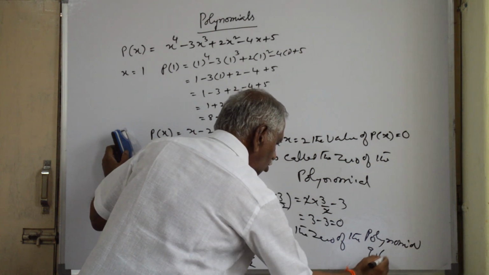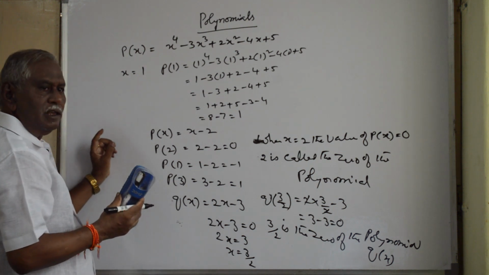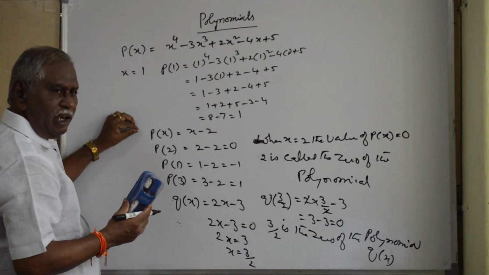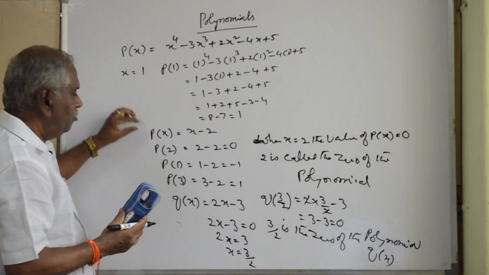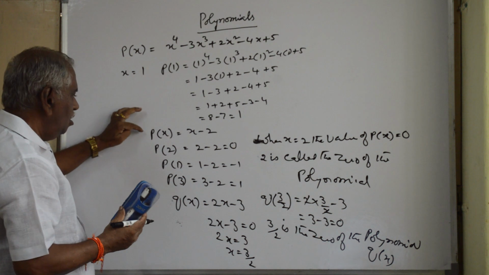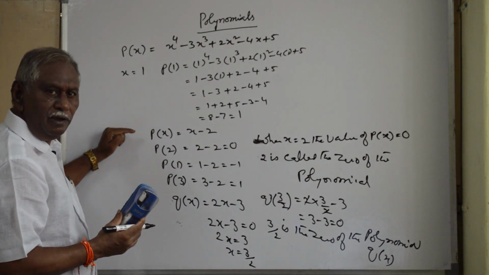So what is a zero of a polynomial? For which value of x P of x is equal to 0, that value is called the zero of a polynomial.